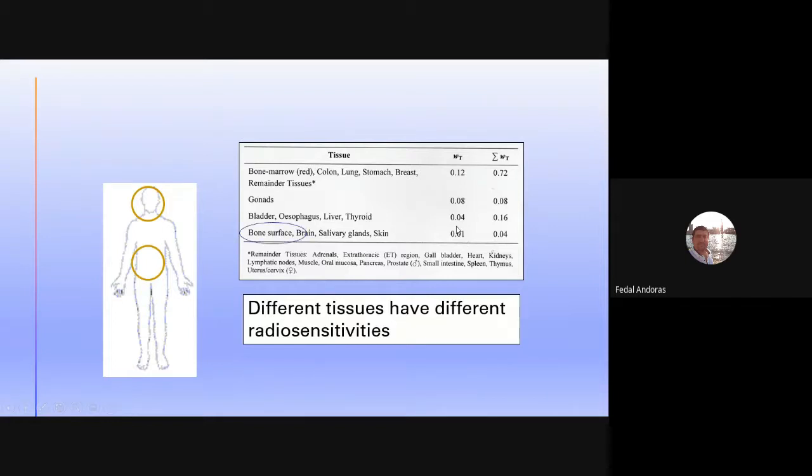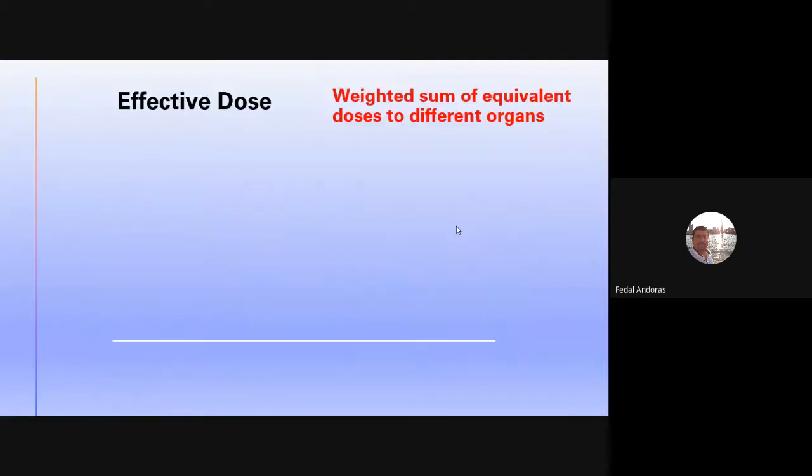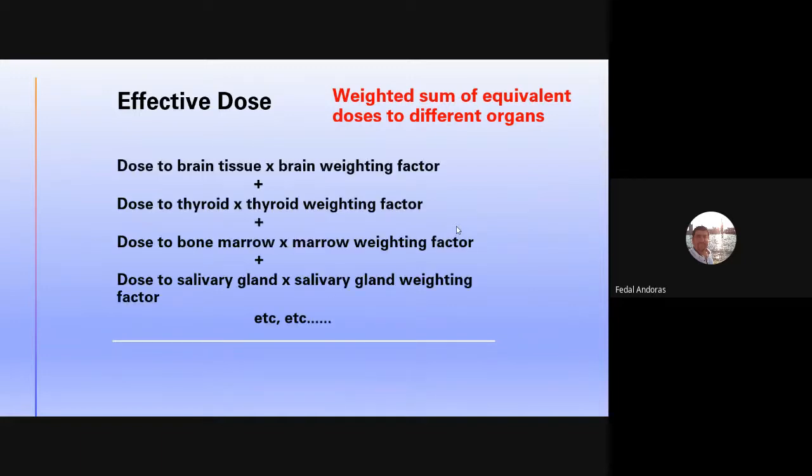So what we will get next is effective dose. هو هذا المهم بالقياسات. ما مجبورين تقيسوا بعدين, بس لازم تعرفوا لما تقرون أي آرتكل، تقرون أي شيء ولما نحكي على الدوز، هو إن نحكي على الإفكتيف دوز. It is a weighted sum of equivalent doses to different organs. مثلا dose to brain tissue multiplied by brain weighting factor اللي شفناه بالجدول السابق.